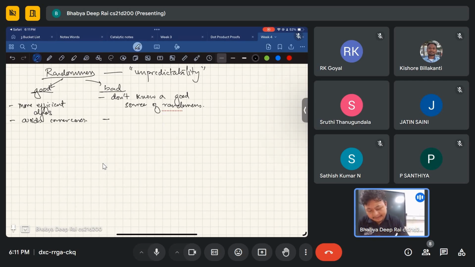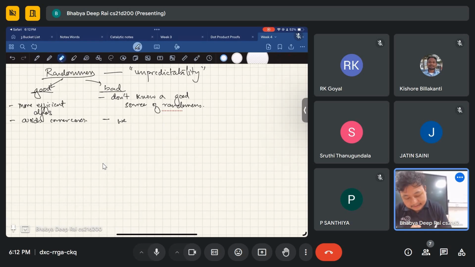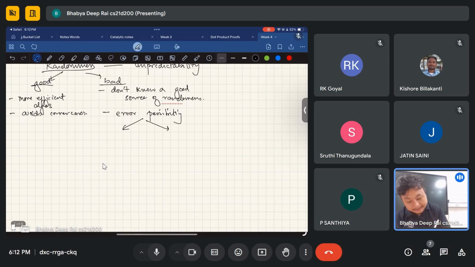The other bad thing about randomized algorithms is that there could be error possibility. And we saw that there could be two types of errors, one-sided and two-sided.